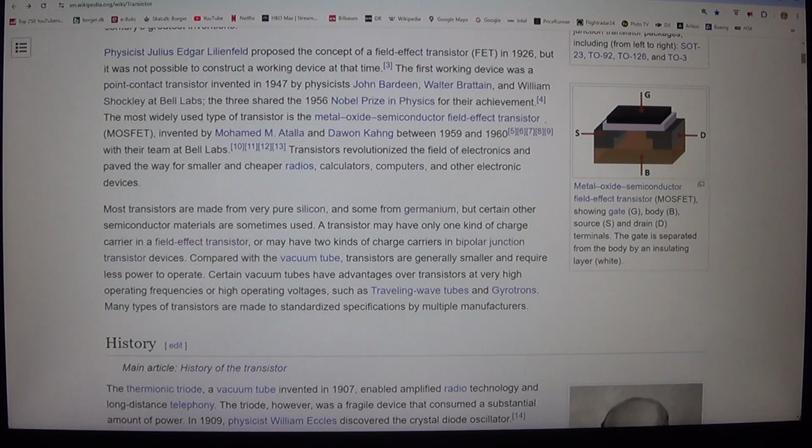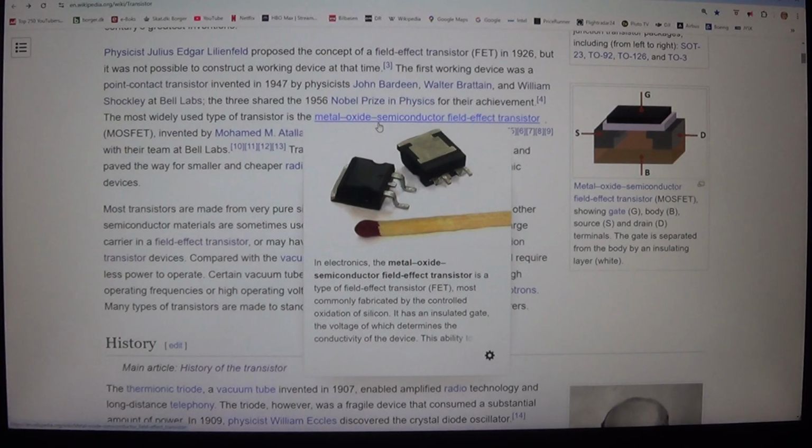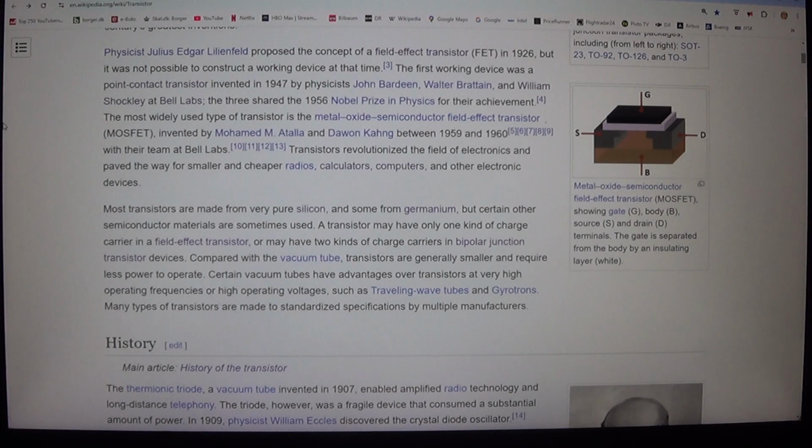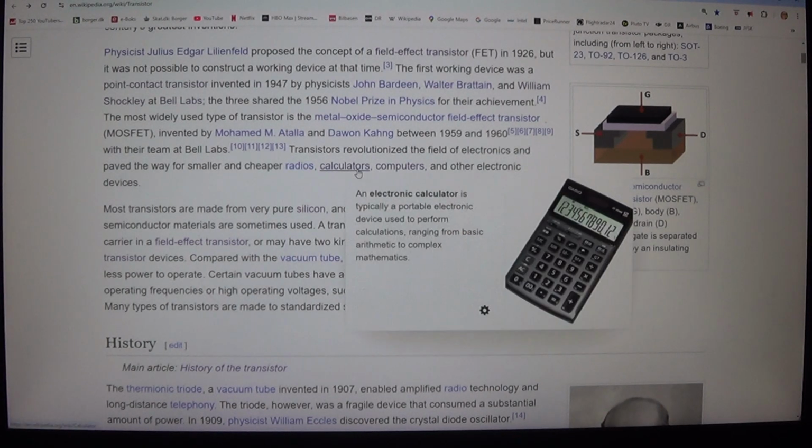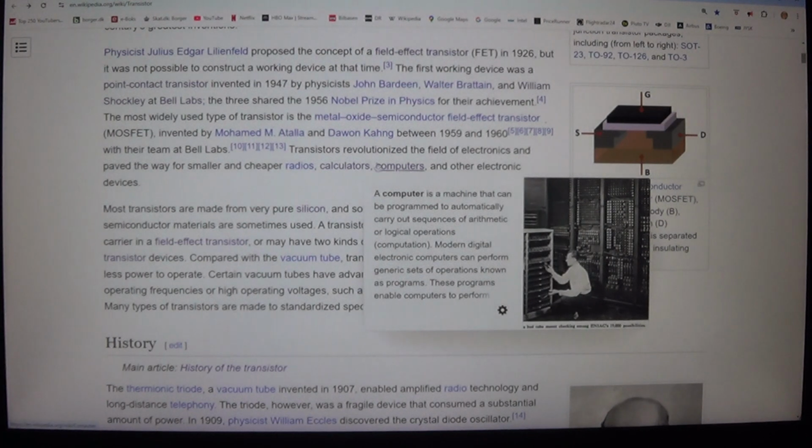The most widely used type of transistor is the metal oxide semiconductor field effect transistor, MOSFET, invented by Mohammed M. Atalla and Dawon Kahng between 1959 and 1960 with their team at Bell Labs. Transistors revolutionized the field of electronics and paved the way for smaller and cheaper radios, calculators, computers, and other electronic devices.